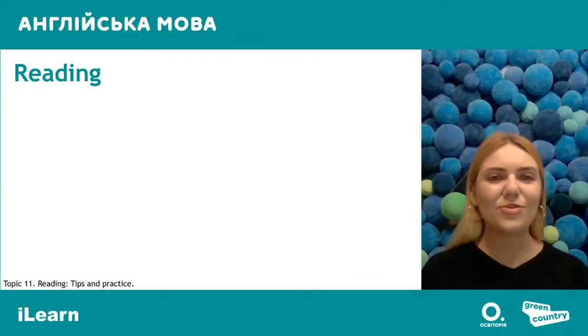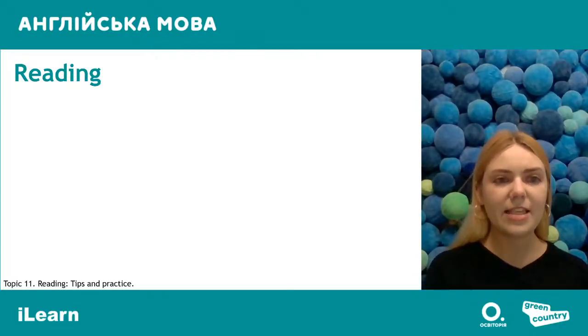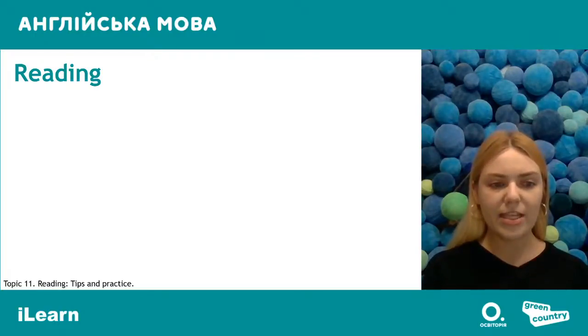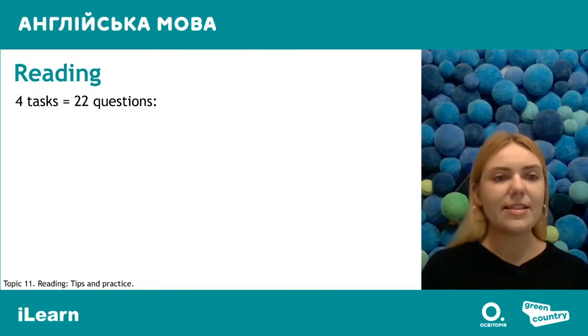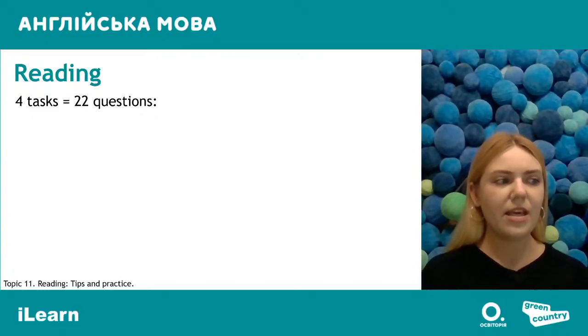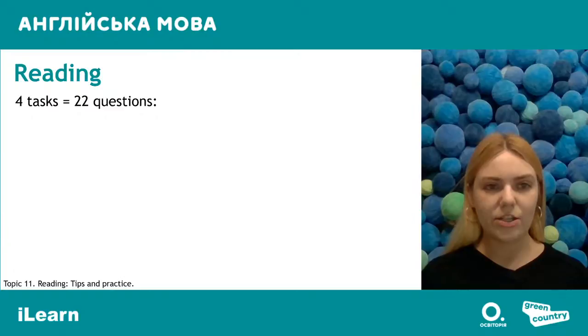I'm sure that now you know which parts of the reading section you have at the test, but let's look at them one more time. In this section, we have 4 tasks, and overall, we have 22 questions. Reading is the second section of your exam. First we start with listening, and then after it, we have the reading part.